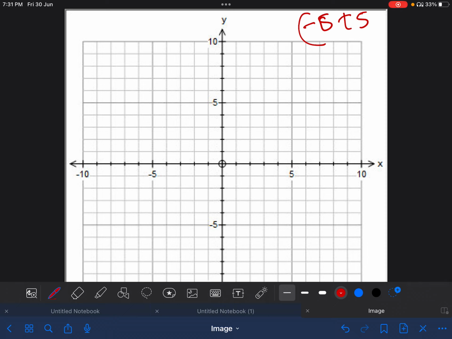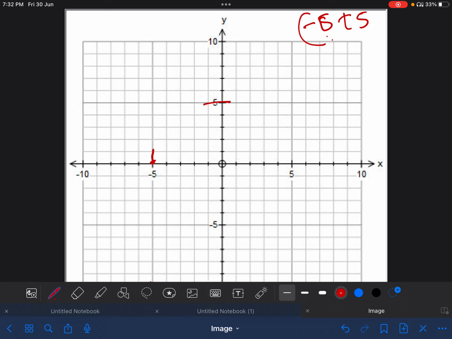So this is the point that we have to show on a graph. So the x coordinate is -5. So let's see, this is -5. The y coordinate is +5. So this is +5. Now, what is the task? We have to draw the lines and find the intersecting point.